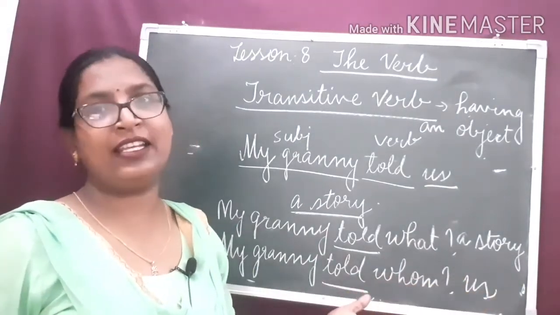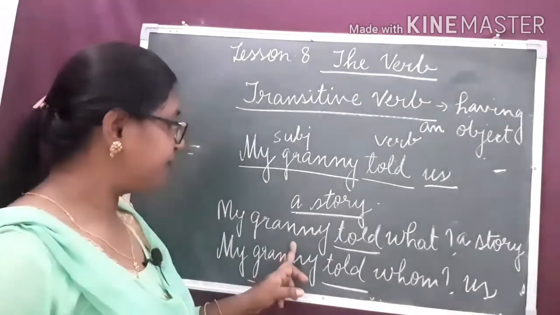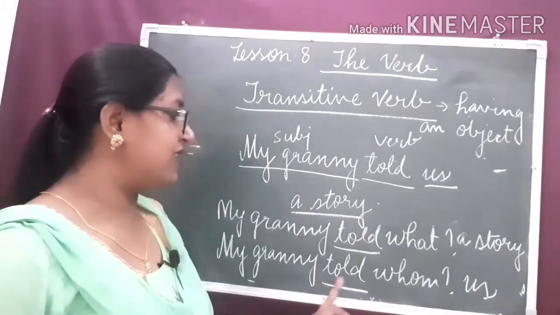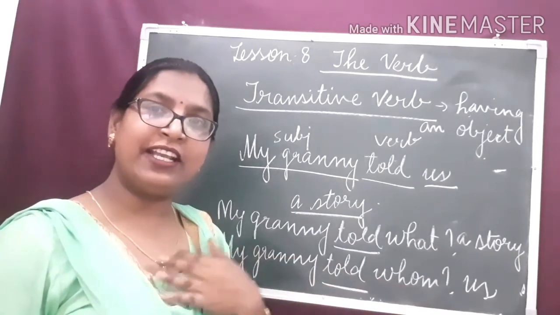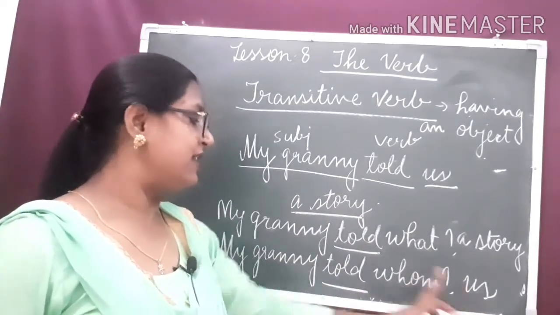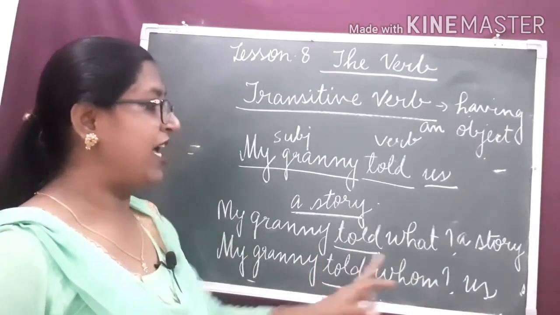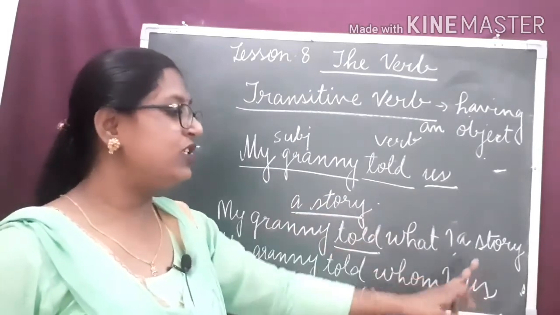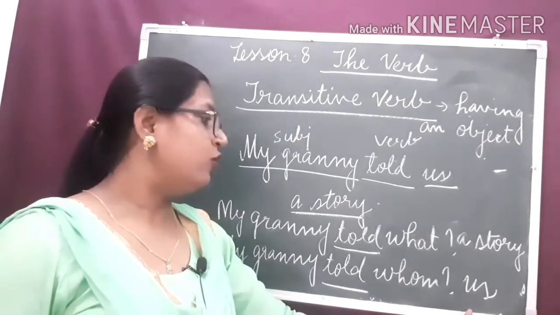Story and granny are completely different from each other. So, we will check the next answer, granny and us. Granny is somebody else, us is somebody else. So, this answer is also completely different from the subject. As both the answers are different from the subject, we say these two answers are the objects of the verb.